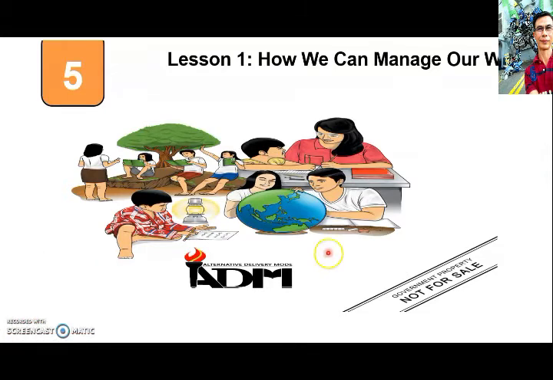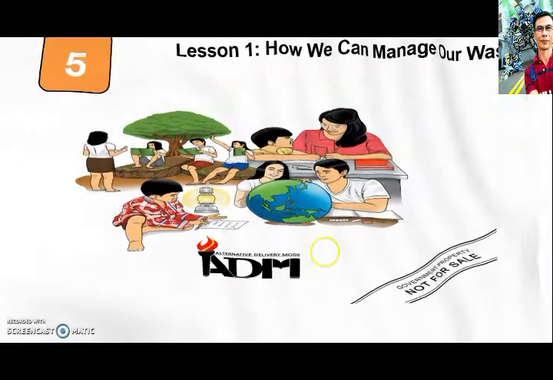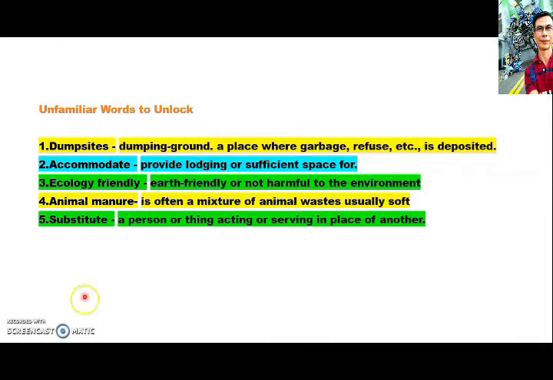But before we start, let us first take a short look at some words which may be difficult for you to understand. Number one is dump sites. I mean to say it is a dumping ground, a place where garbage or refuse is deposited. Number two, accommodate, provide lodging or sufficient space for.